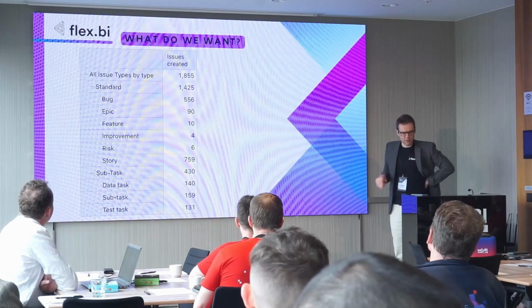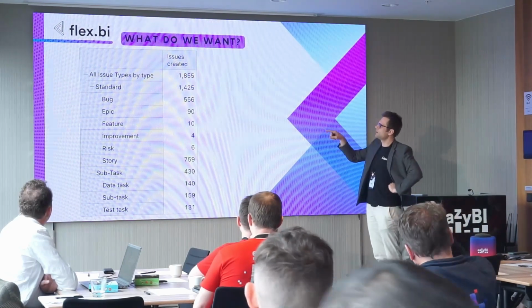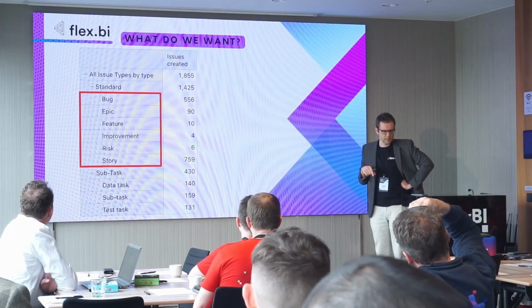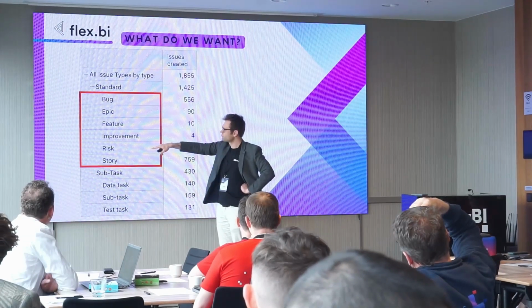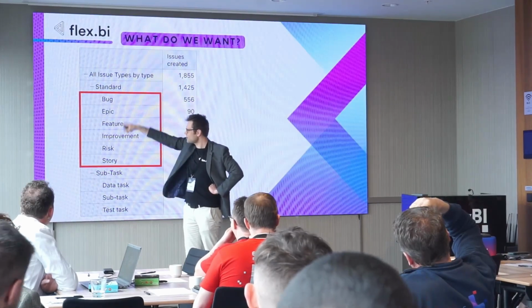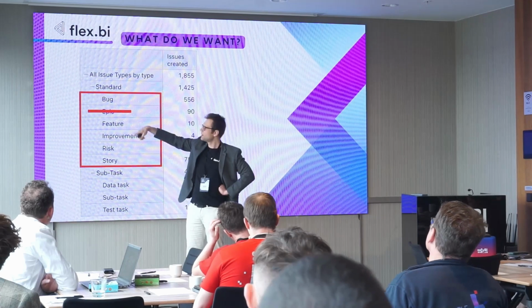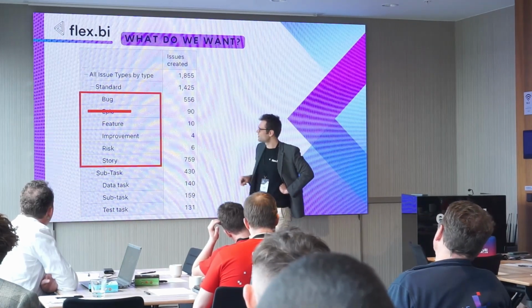So let's continue with the next example. Let's say I have these issue types, right? And what I want is to get all of these issue types under the standard issues, except the epic one. And there might be new issue types coming in, so I just want to make sure that we're on the right track.